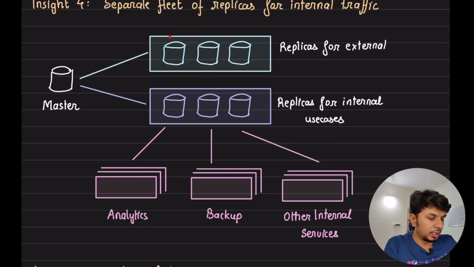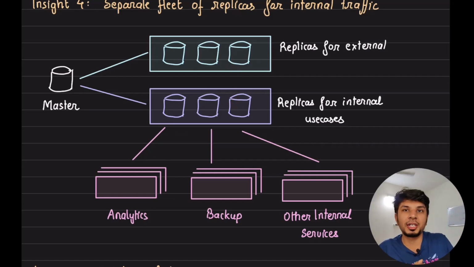This way, the load on the top 3 replicas is only production-grade traffic, while the bottom 3 replicas handle the internal traffic. So internal services, backup, restore, whatever they want to do. This way there is a total segregation of responsibilities, and high production usage will not impact the other database. Internal database will not affect the main production read replica.